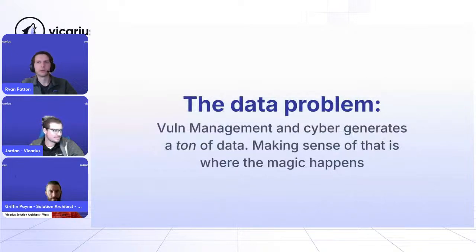Like I mentioned, what is the problem? I kind of alluded to it already. Vulnerability management, and really infosec, cyber, anything in tech, just generates a ton of data, and trying to make sense of that, trying to build actions out of that data to solve the challenge effectively, is really where we see a lot of organizations struggle.